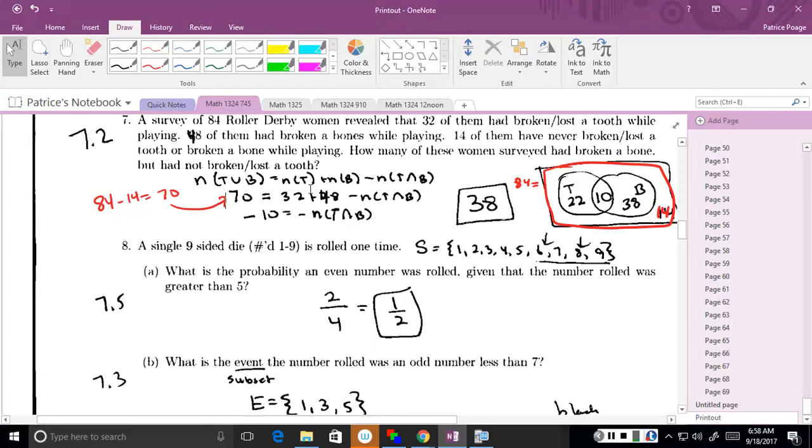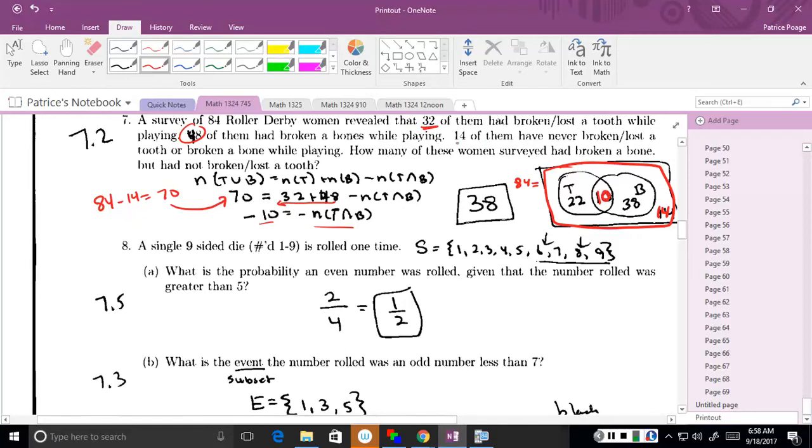And that equals the number who broke or lost a tooth, which it told us was 32, plus the number who broke a bone, which it told us 48, minus the number who did both, which we don't know yet. If I subtract these two numbers over, 70 minus those, I get negative 10 equals negative the number who lost a tooth and broke a bone. So 10 will go right in the middle.